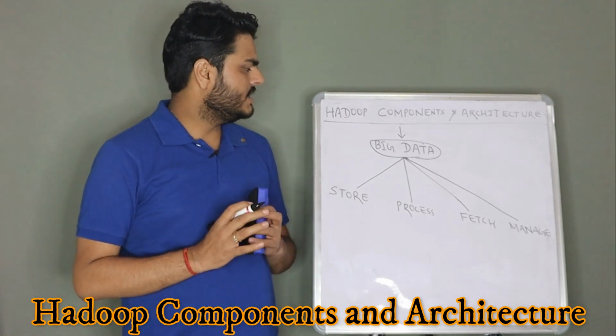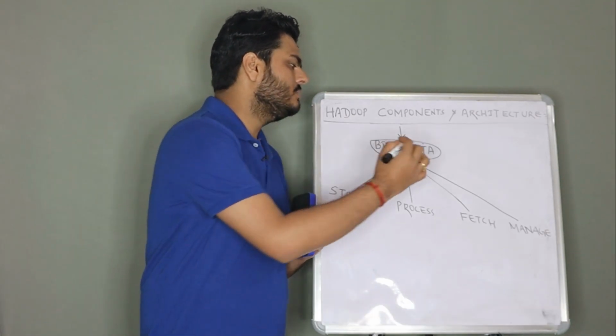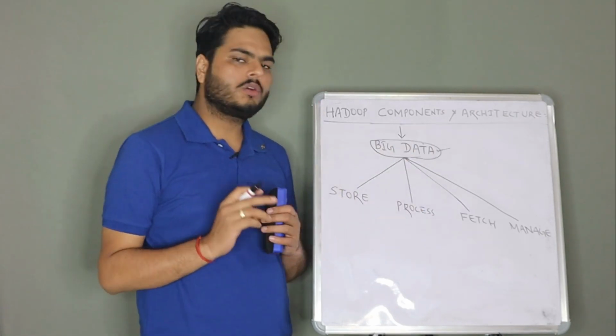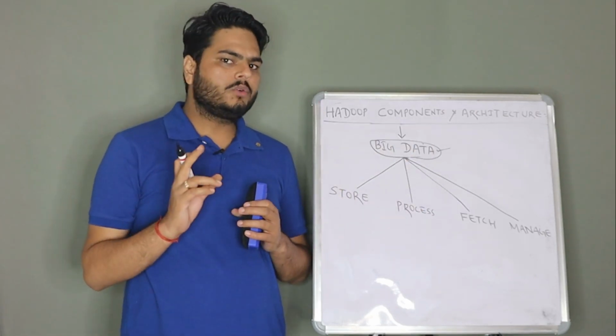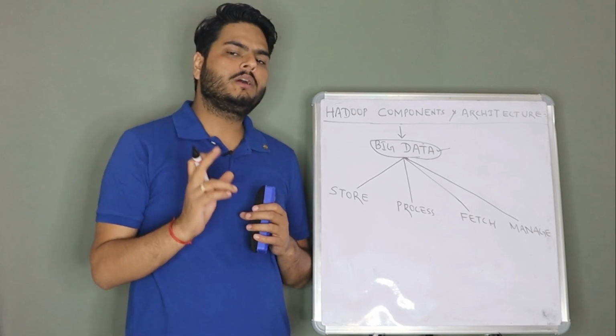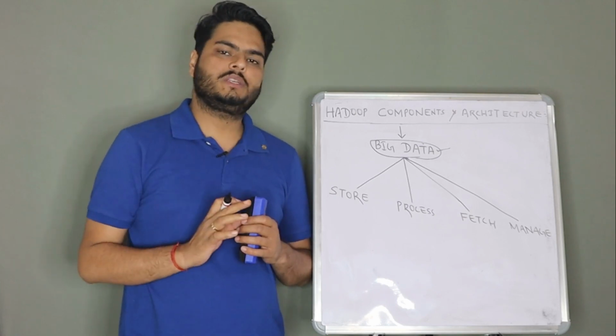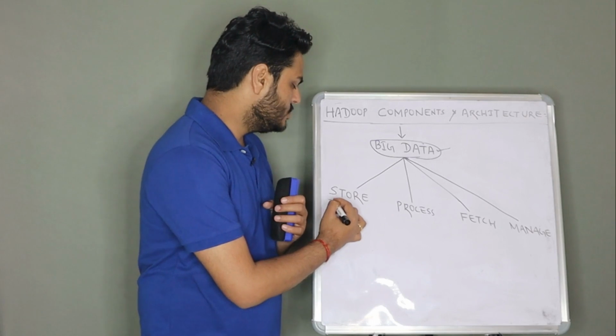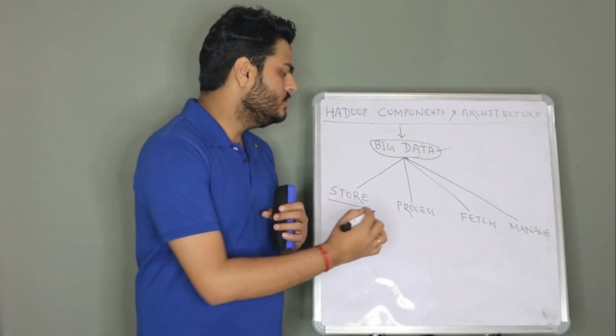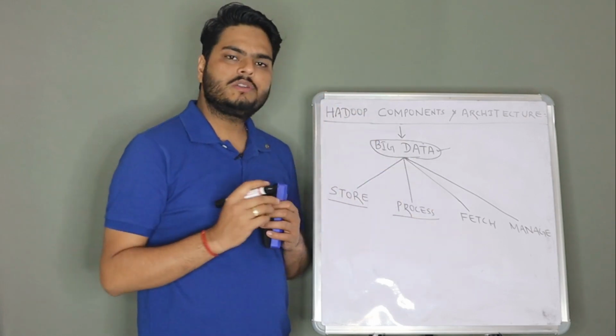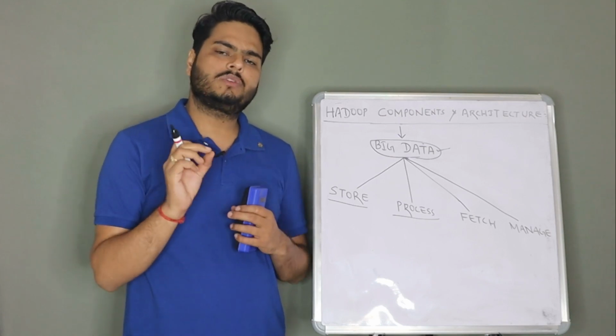The very first thing you need to understand, guys, is that whenever you talk of any data, here we are talking of big data, you need to do four things basically. One is you need to store the data. Second, you must process the data, because if you store it, you will use the data for some purpose.